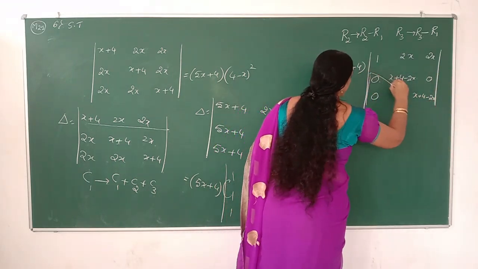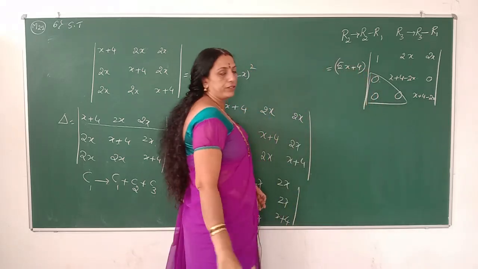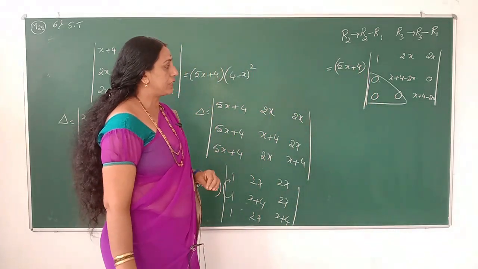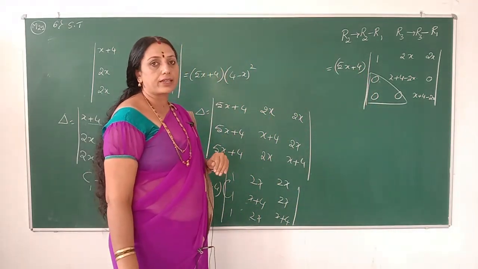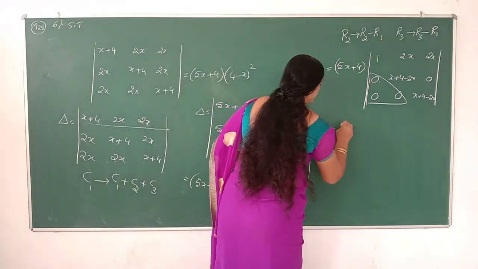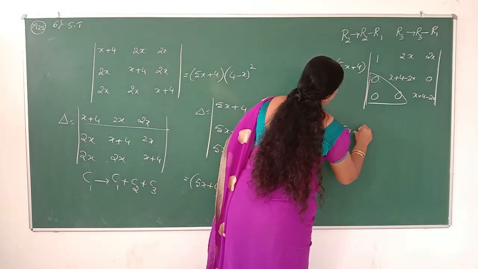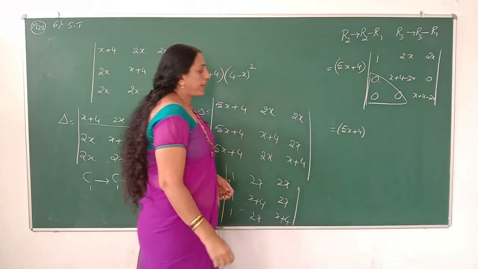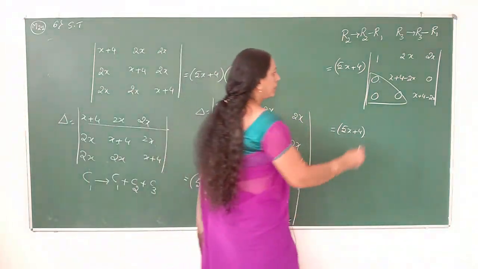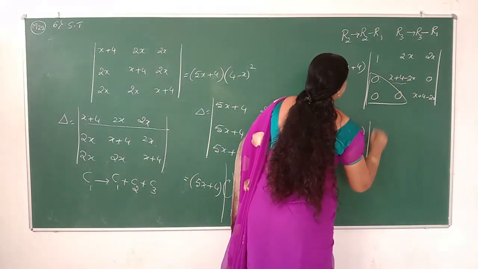After that, by using the properties of the determinant, if one side of the diagonal is all 0, then we take 5x plus 4 times the diagonal elements.